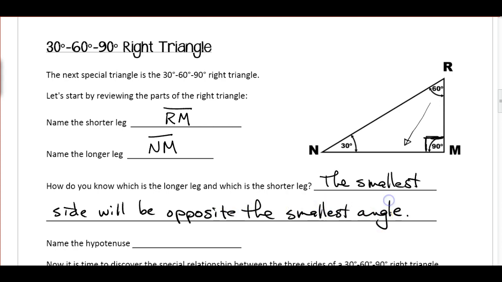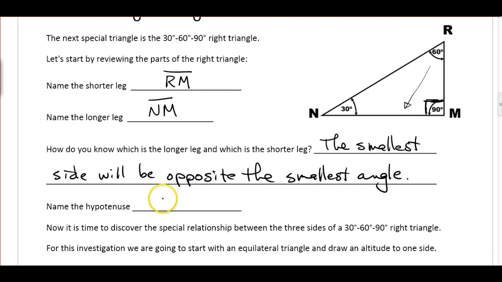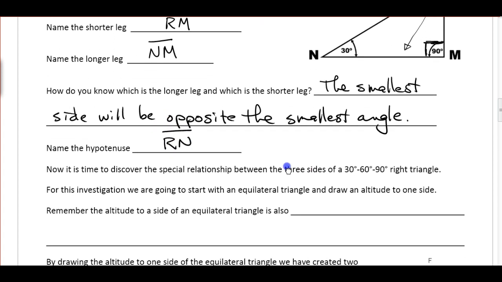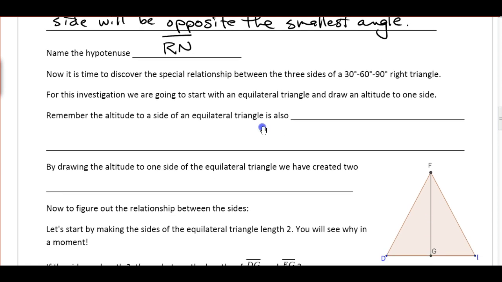And again, the converse of that is true as well. And then our hypotenuse is going to be side RN. So let's work on the relationship for the three sides in a 30, 60, 90 triangle.